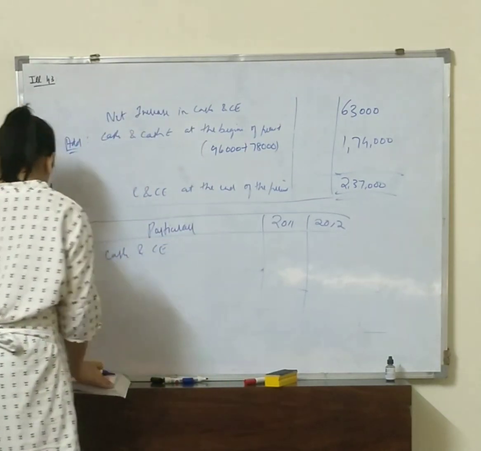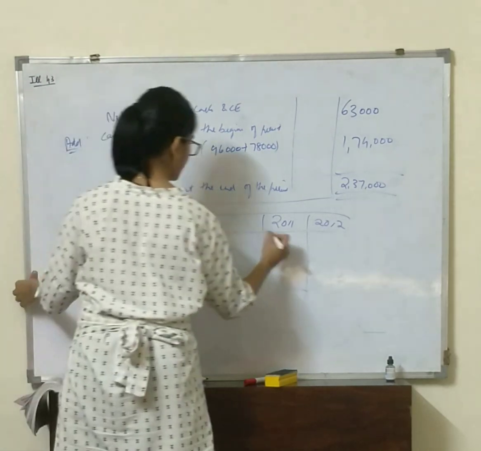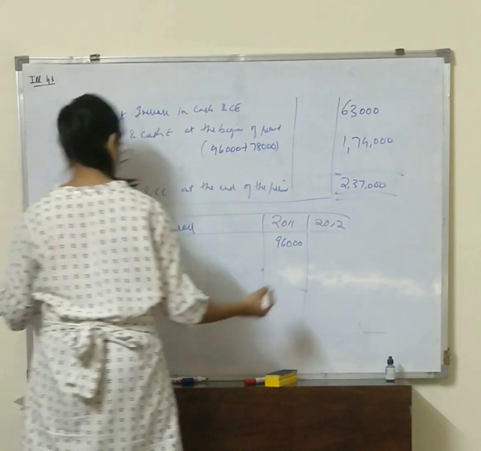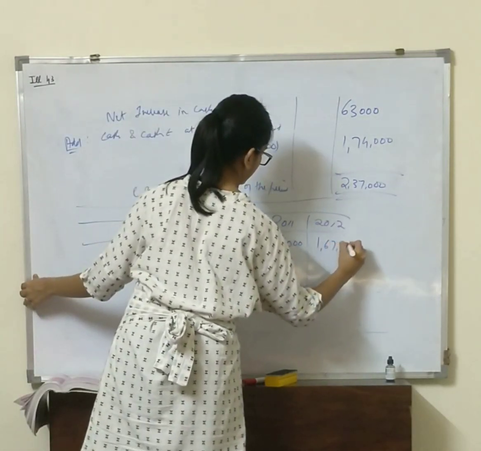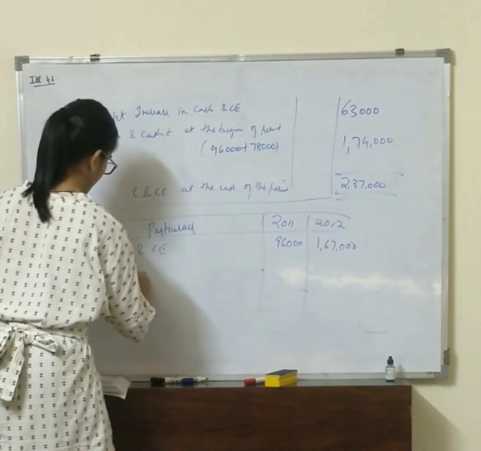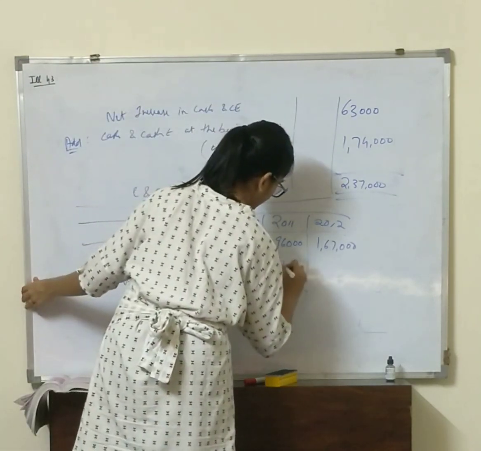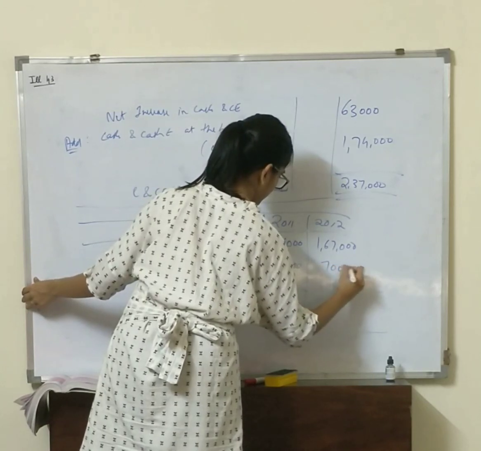For 2011, how much is it? 96,000. For 2012, it is 1,67,000. Then we have current investments, 78,000 and 70,000.